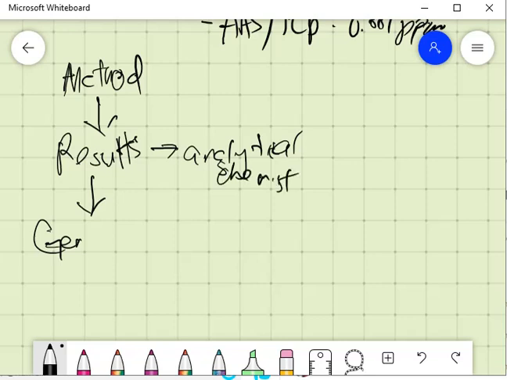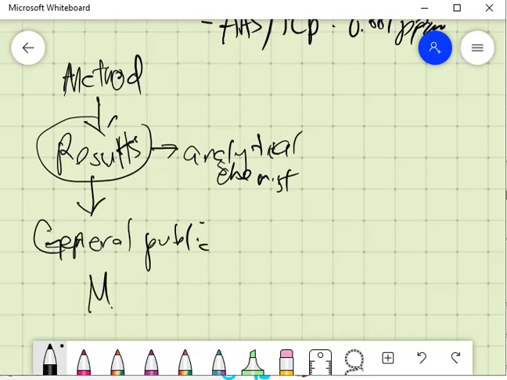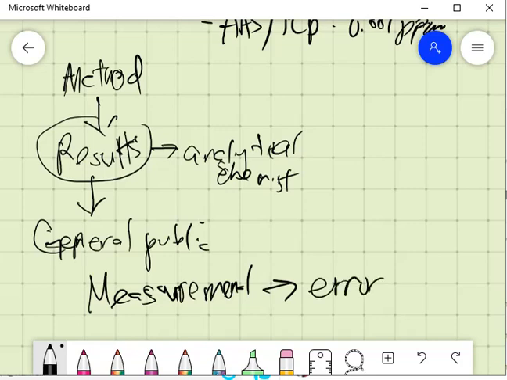So the analytical chemist or the scientist has to translate these results in order for the general public to understand. Right? In every measurement, there is some error.